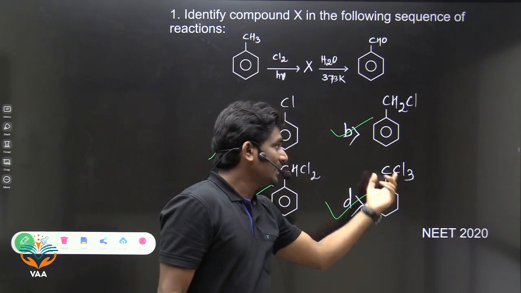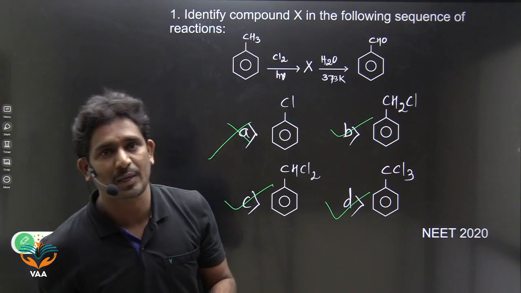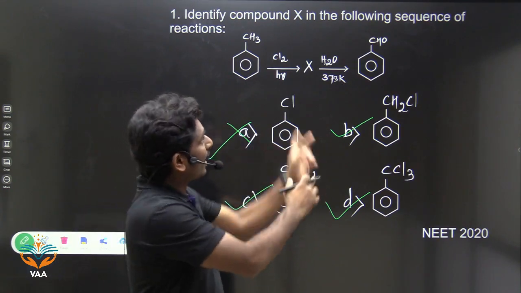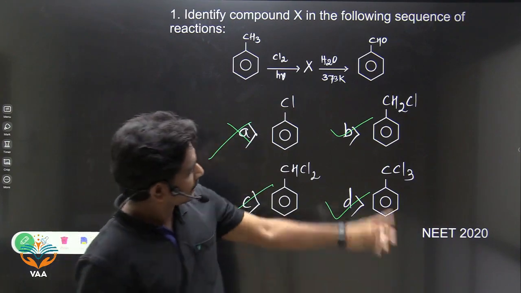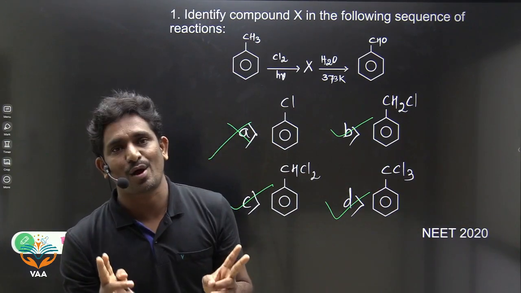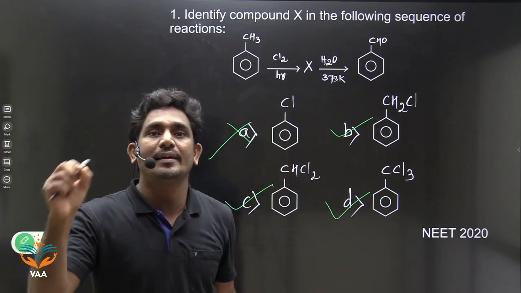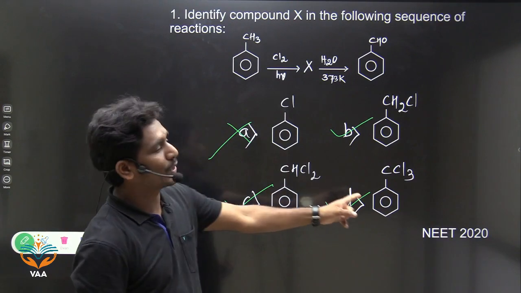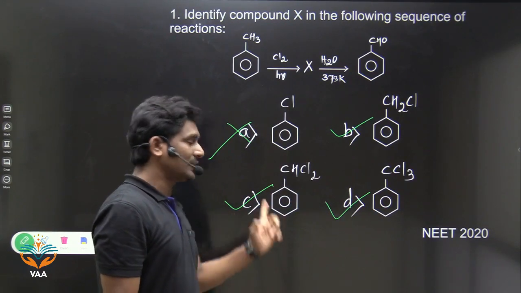And what about this? It's a trihalide. So these three halogen atoms are at the same carbon atom. So on hydrolysis, three hydroxyl groups will come to that carbon. So at the same carbon atom, three hydroxyl groups are highly unstable. So immediately dehydration takes place to give carboxylic acids. Okay, so the answer is C.